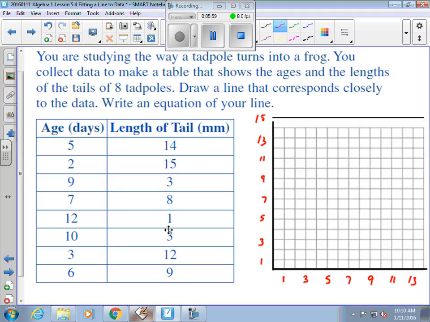So we have a lot of stuff to do here. First thing we have to do is graph each one of these points. Graph 5, 14, graph 2, 15, 9, 3, and so on and so forth. Take about 2 minutes to graph them, and then we'll come back in 2 minutes.